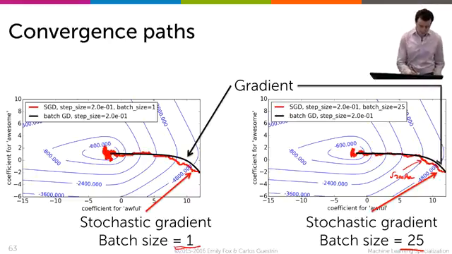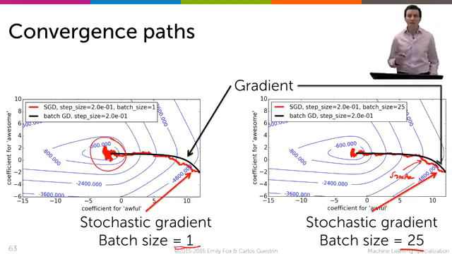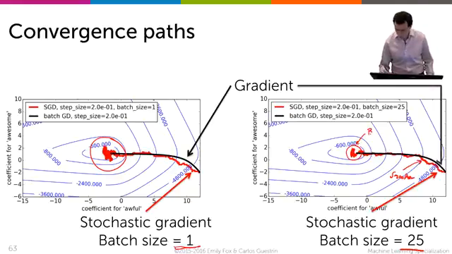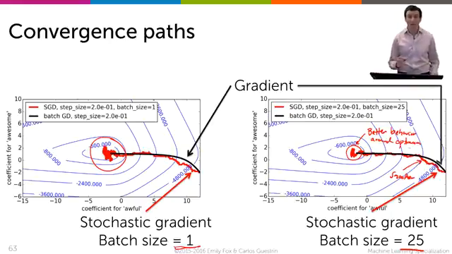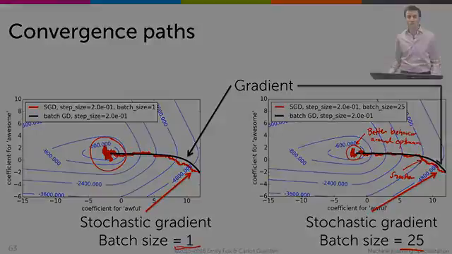But the second thing to observe, which is even more interesting, is when you get around the optimum, batch size of 1 really oscillates around the optimum, while batch size of 25 oscillates better. So it has better behavior around the optimum. And that better behavior is going to make it much easier to use this approach in practice. So mini batches is a great thing to do.